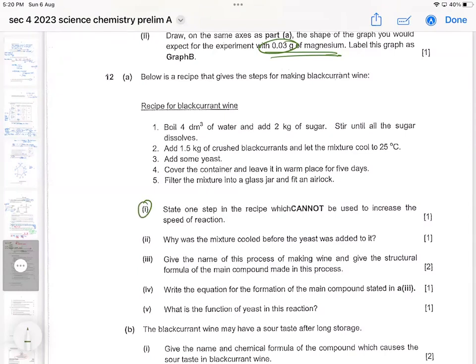For step one, we have stirring. This will increase rate of reaction. Step 2, crushing, increases rate of reaction. Using yeast, this is a catalyst. It will increase rate of reaction. Warm place, increases rate of reaction. So the step that doesn't have anything to do with increasing rate of reaction is number 5.